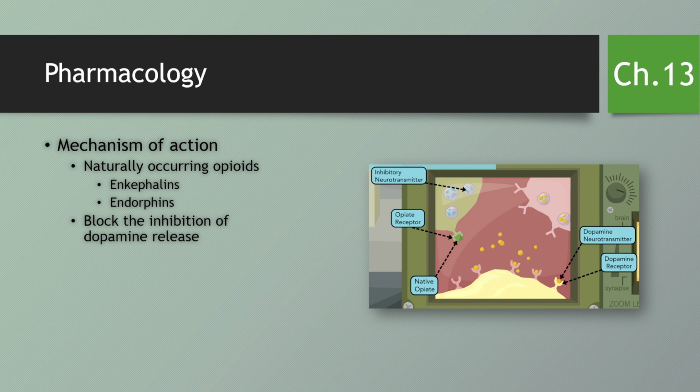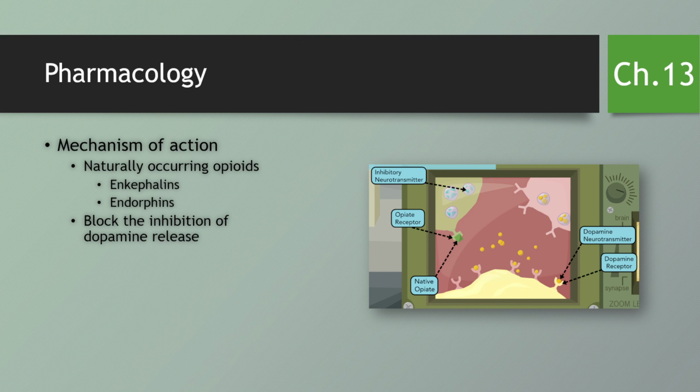You can see in the image, they bind to that opioid receptor, which stops those inhibitory neurotransmitters from being released, which would normally block the dopamine from being released. So with less of these inhibitory transmitters, we get more dopamine in the system, so more of a dopamine effect.